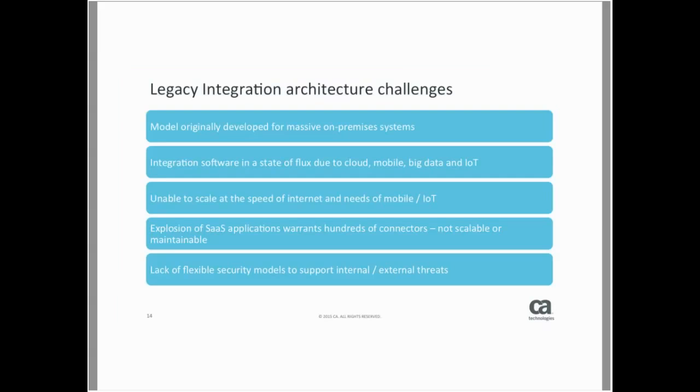When we talk about the notion of enterprise service bus, an ESB or an integration platform, this model was originally developed for on-premises systems and predominantly huge behemoth systems like SAP and Siebel and PeopleSoft and whatnot. Given the days of those kinds of enterprise apps that were immensely huge, which are still today, but they exist behind the firewall, on-premises, the ESBs made the way to tie in those systems into other systems within your enterprise.